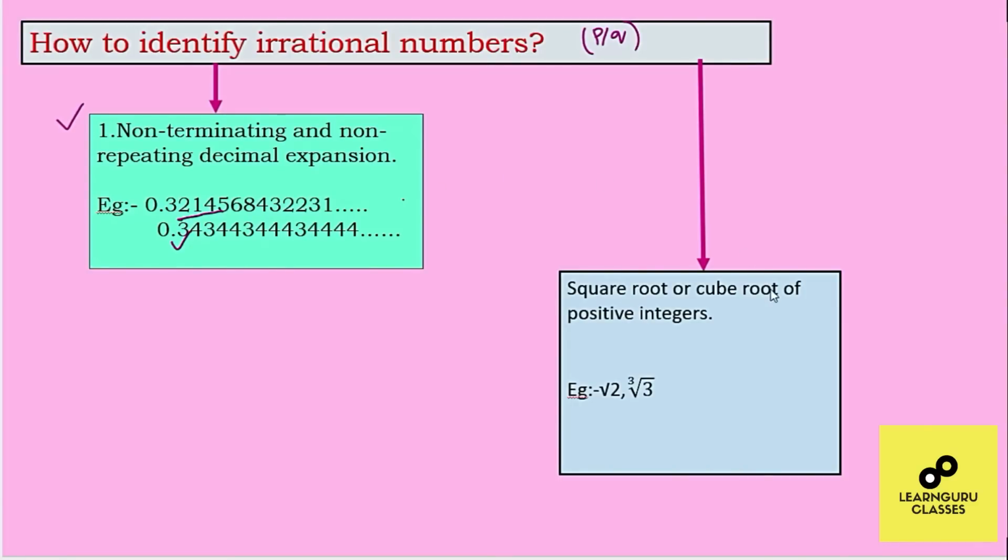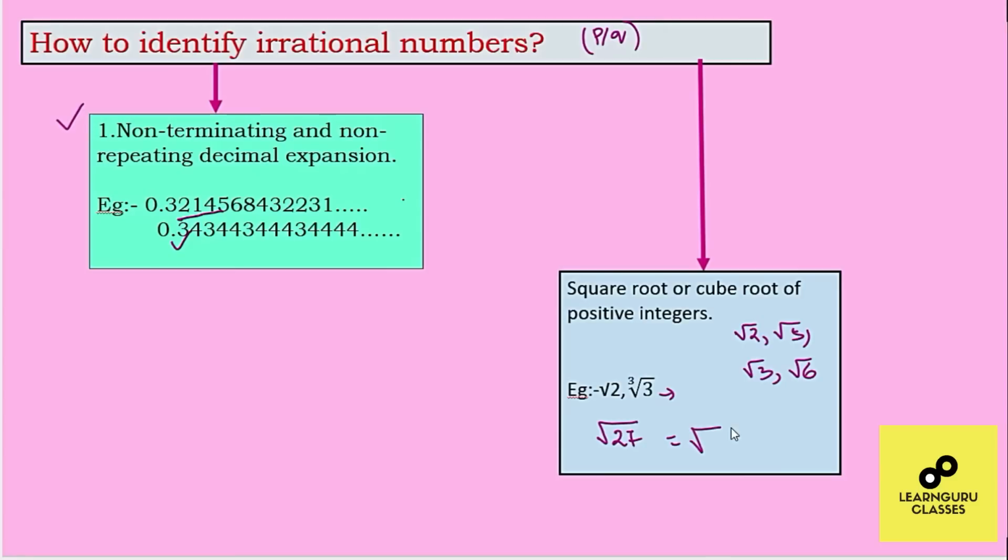Square roots or cube roots of positive integers are also irrational numbers, like root 2, root 5, root 3, root 6. All these are irrational numbers, as well as, suppose, 3 root 3. This is also an irrational number. Suppose you are given root 27 and asked whether it is rational or irrational.